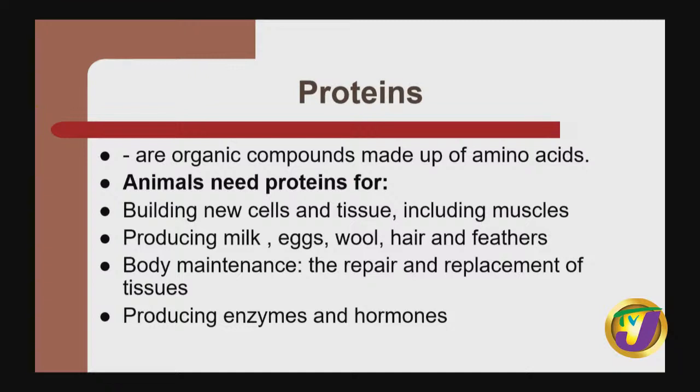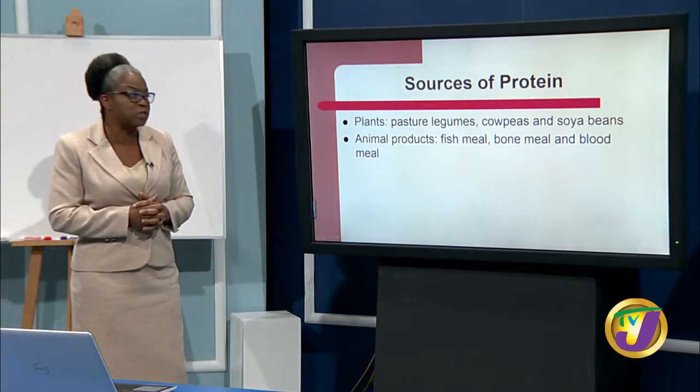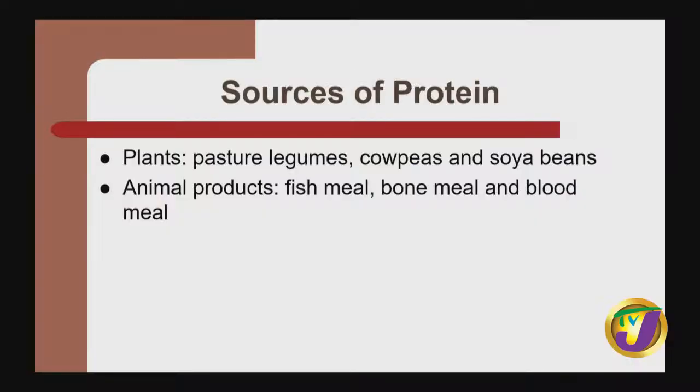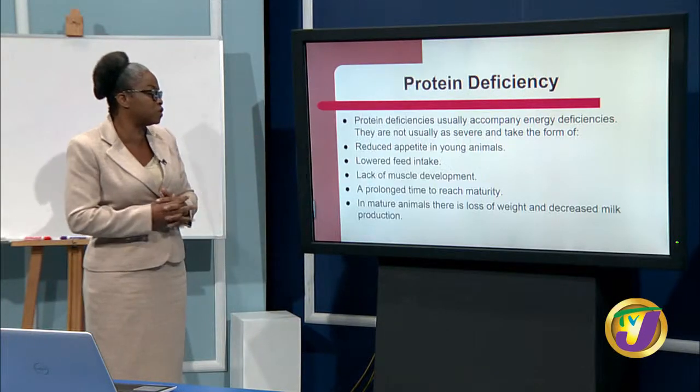They also need protein for body maintenance, that is the repair and replacement of tissues, and also for producing enzymes and hormones. Sources of proteins from the plants, we have pasture legumes, cowpeas, and soya beans. And from animal products, fish meal, bone meal, and also blood meal. These are some sources of protein for our farm animals.